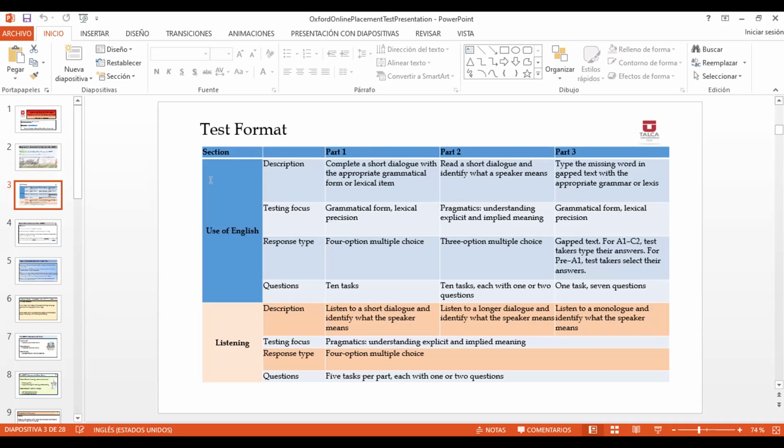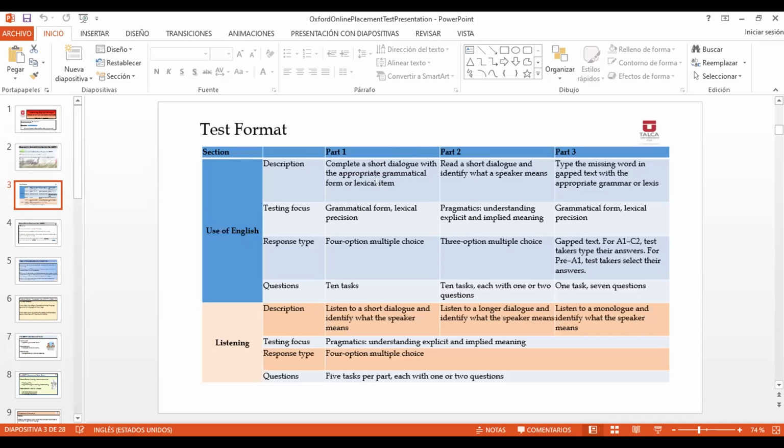So the test only has 2 sections: use of English, which involves knowledge of many things, but also tests your reading skill, and the listening section. Tests your listening skill, but also knowledge of other areas of language.